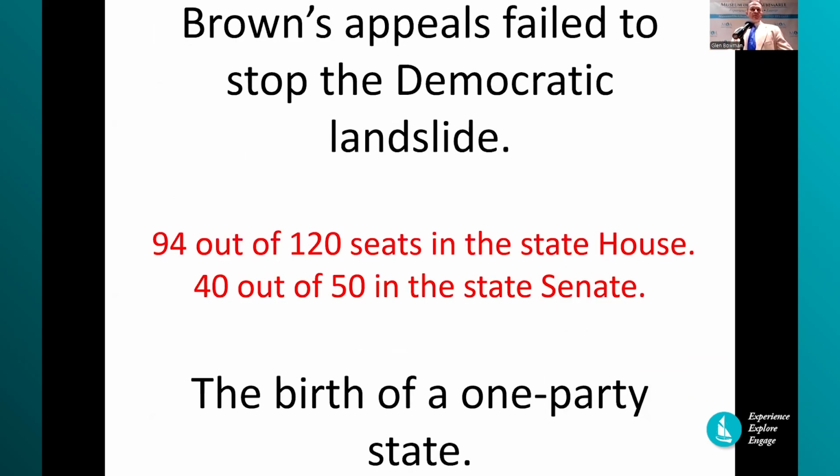Unfortunately, Calvin Scott Brown's appeal failed to stop the landslide, and this was a true landslide. 94 out of 120 seats in the state house. That's close to 80% were now Democratic, and 4 out of 5 in the state Senate, so another 80%. So this election, 1898, was the birth of a one-party state in North Carolina that would last a lifetime and beyond.